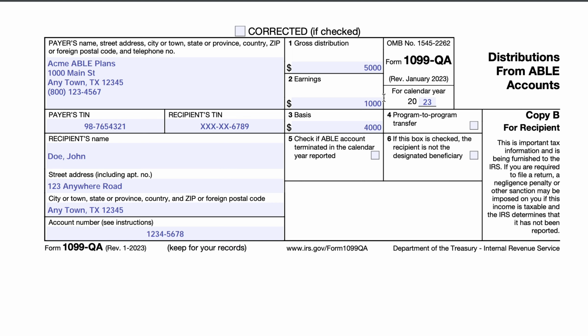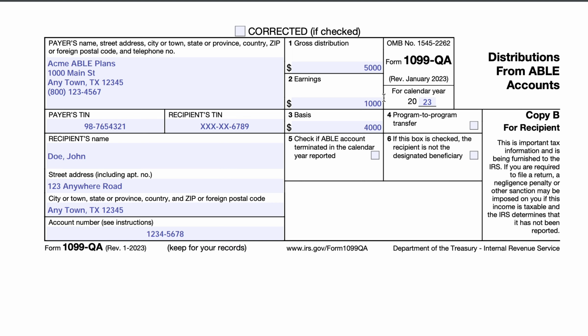But let's say that 50% of your distribution went to qualified expenses, then you would have to calculate taxes on the earnings amount. The form instructions basically force you to prorate the amount of total distribution versus the amount of the distribution that went to qualified expenses.